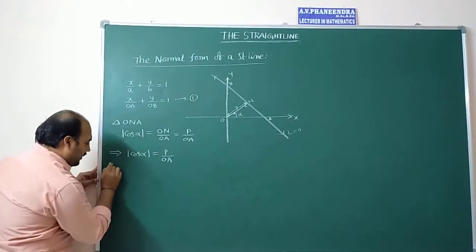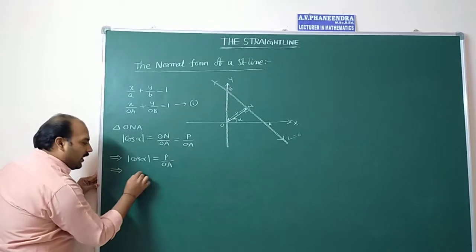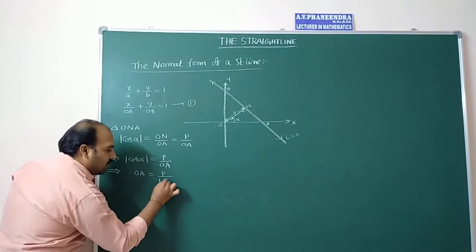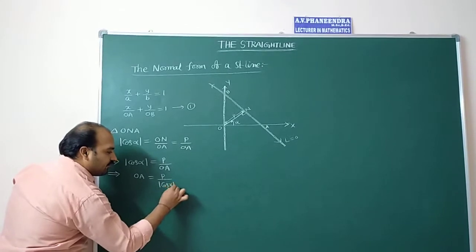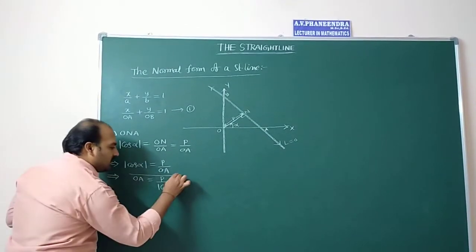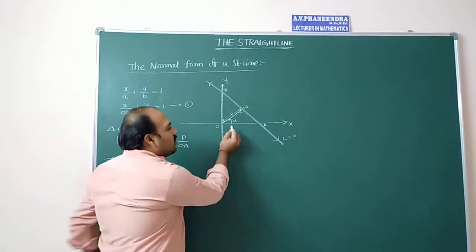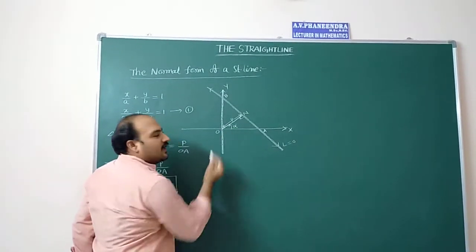Cross multiplying and making OA the subject, OA is equal to P by mod cos alpha. This is the OA value.